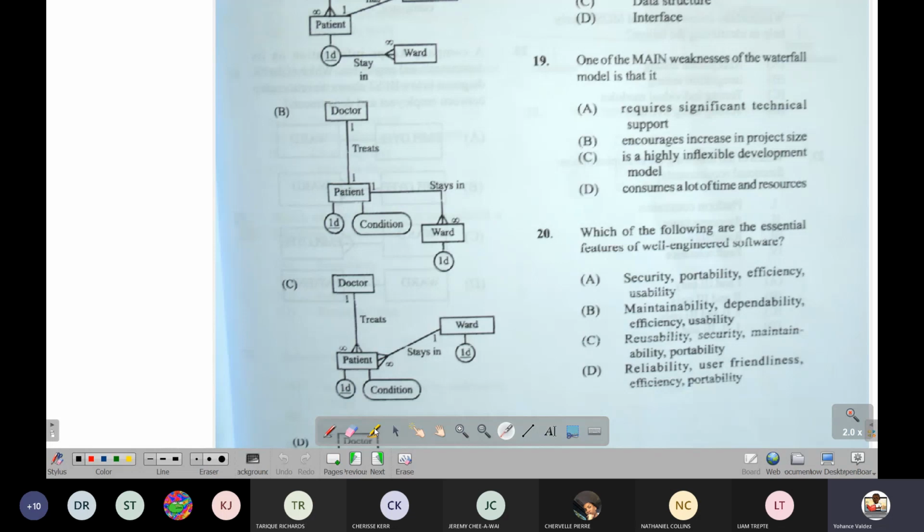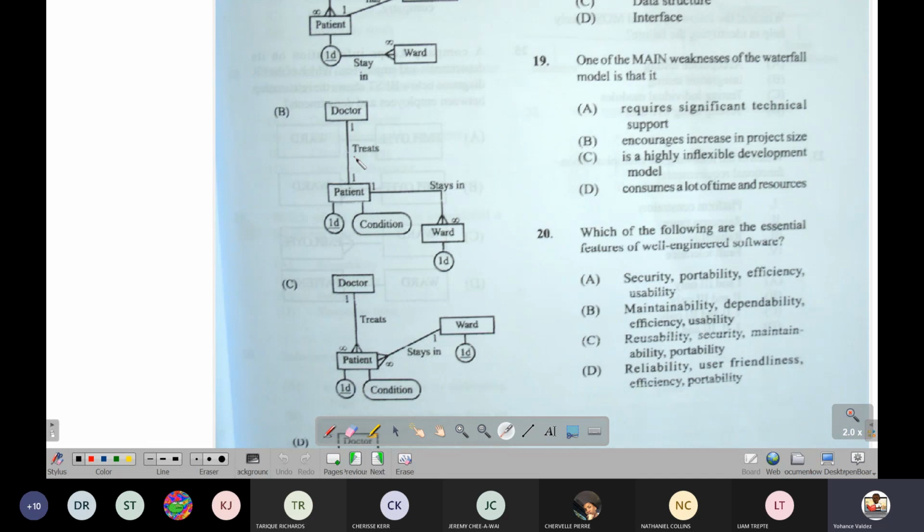So it looks like it could be B, right? Doctor treats patient, a patient has an ID and a condition, a ward has an ID. It looks like it could be C too because there's a relationship between the patient and the ward and the doctor and the ward. And now we have to look even further and look at the cardinality, right?